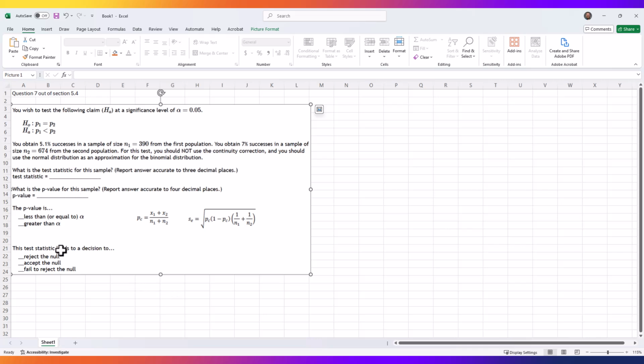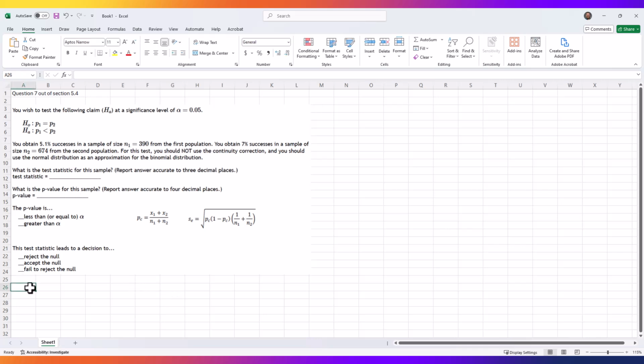Tracking through the question, the first thing we're given is alpha equals 0.05. And then we have p sub 1 and p sub 2. I'll try to organize this a little bit. You're more than welcome to do it how it works for you, but organizing the question is a big part of this one.